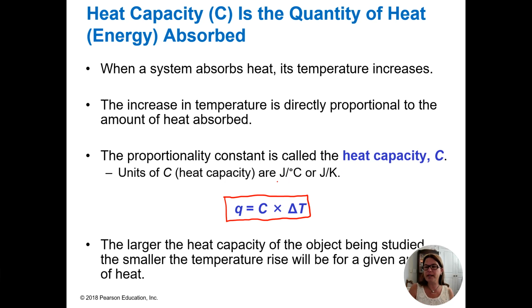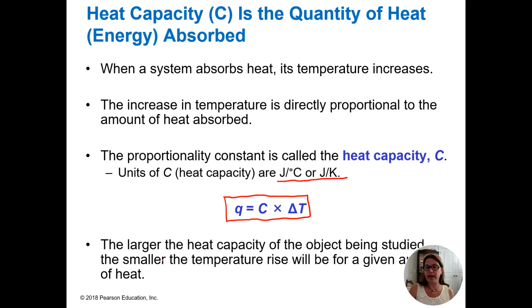You will mostly see the units as joules per degree Celsius or joules per Kelvin. So when we look at what's going on here, we have to take into account the heat capacity, basically how much heat a system will absorb, and the change in temperature that's occurring.